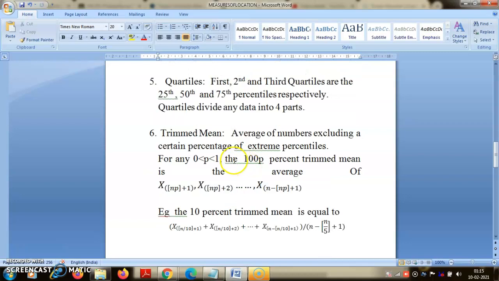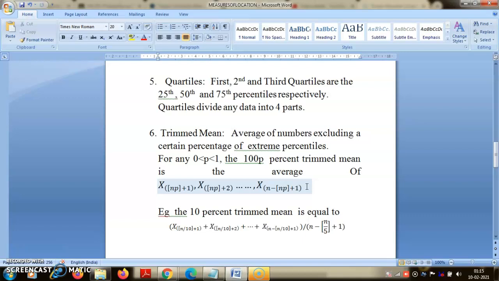Finally, the trimmed mean. This is an average, but you don't add all the numbers; you add only those in the middle order. If you are calculating the 100 into p percent trimmed mean, then you ignore n into p observations from both sides. Below this order statistic there are n into p smallest observations, so you ignore those, and above there are the largest n into p observations, which you ignore too.